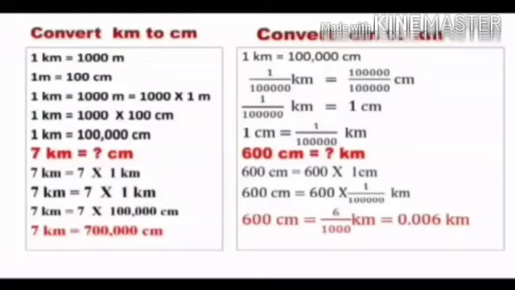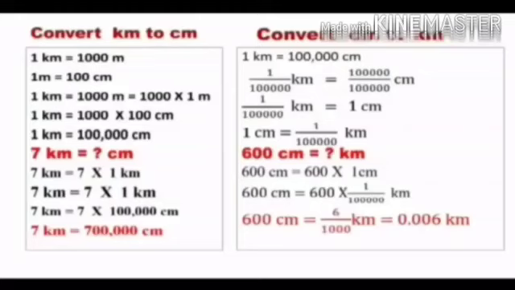In place of kilometer we write 100,000 centimeter. So we have 7 kilometer is equal to 700,000 centimeter. This is how we convert kilometer to centimeter. We need to multiply kilometer with 100,000 centimeter.